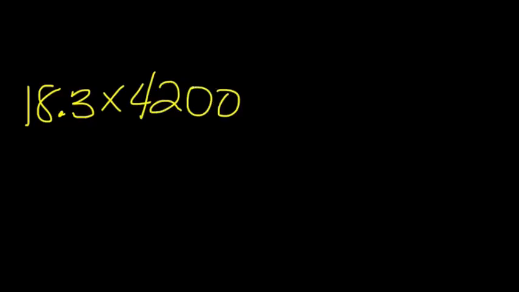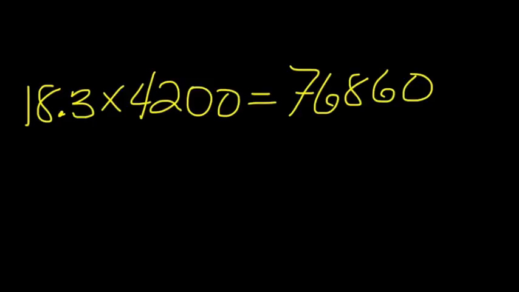So if you guys could put that on your calculators and check me, I got 76,860. So let's go back and figure out the sig figs for our numbers in the question. For the first number, 18.3, all of those are non-zero digits, which means they're all significant, so we have 3 sig figs.